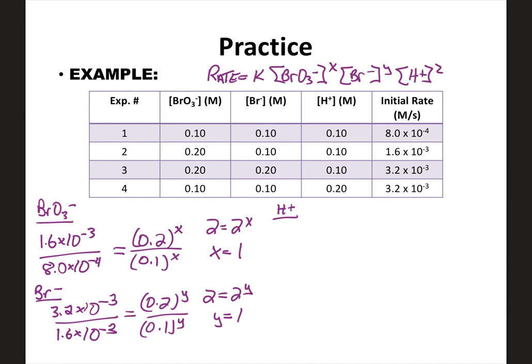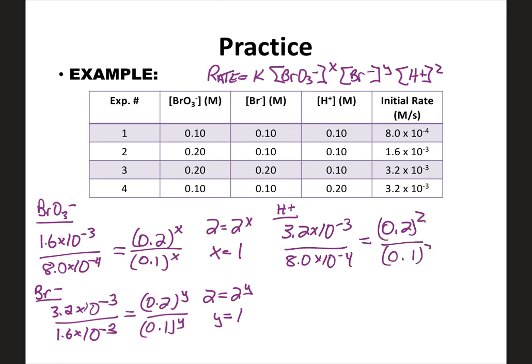So when I do this here, I get the rate being 3.2 times 10 to the minus third in experiment 4, all over the rate in experiment 1 being 8.0 times 10 to the minus fourth, equal to concentration from 4 over 1, which should be 0.2 to the power of z, all over 0.1 to the power of z.